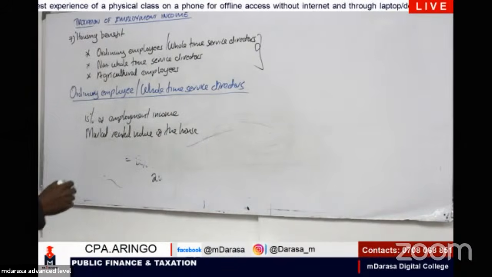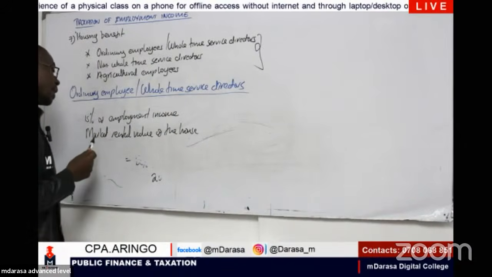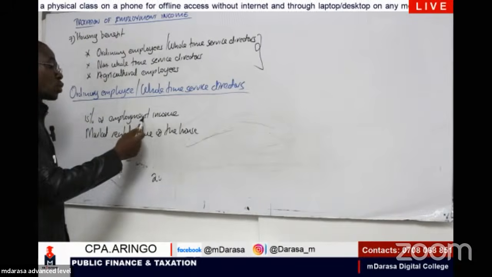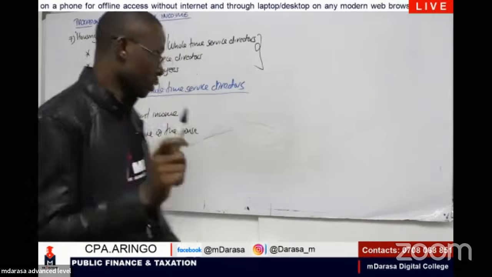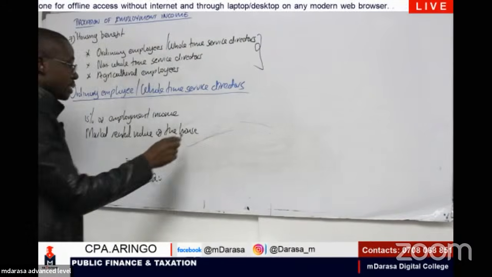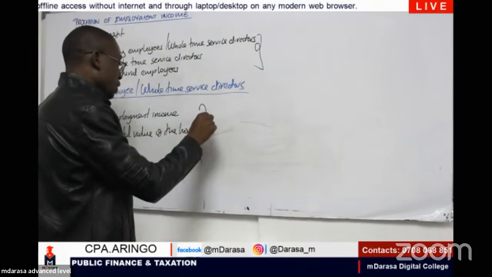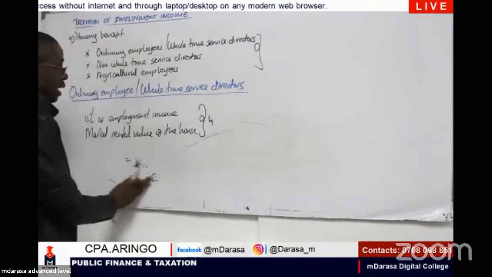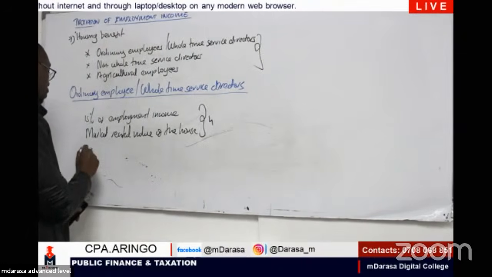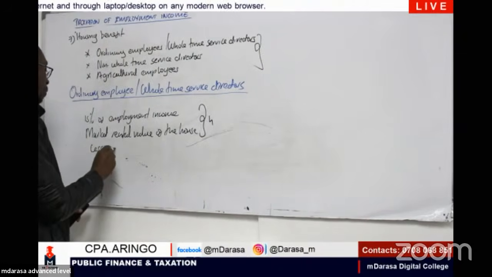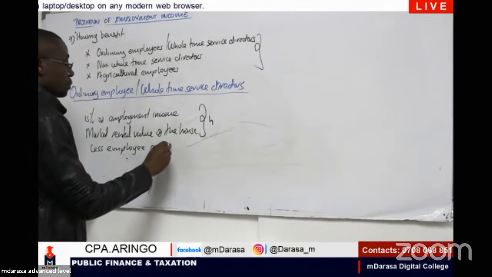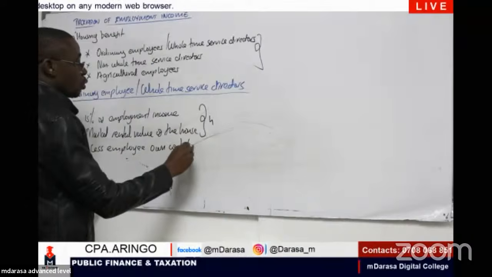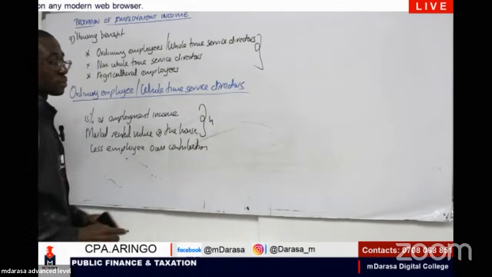So we are comparing the higher of the 15% of the total gains from employment income with the market rental value. Whichever is higher, we are going to less the employee's own contribution.